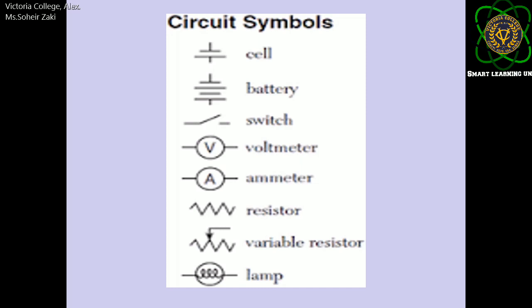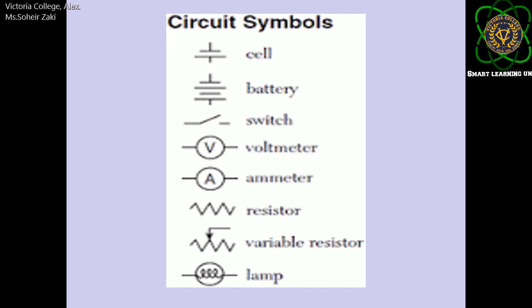The voltmeter is a capital V inside a circle, and is connected, as we mentioned before, in parallel. And the ammeter is a capital A in a circle and is connected in series in the electric circuit.